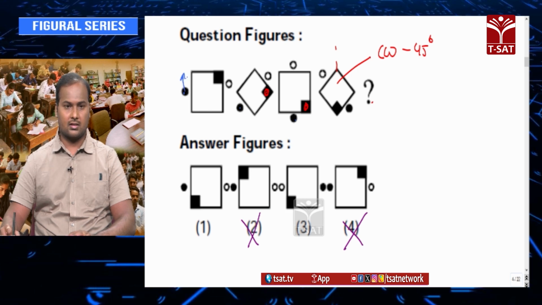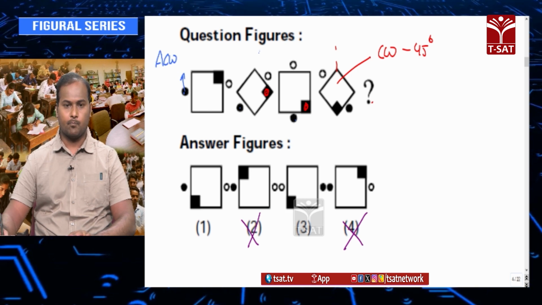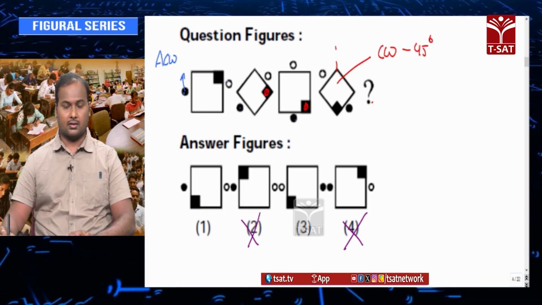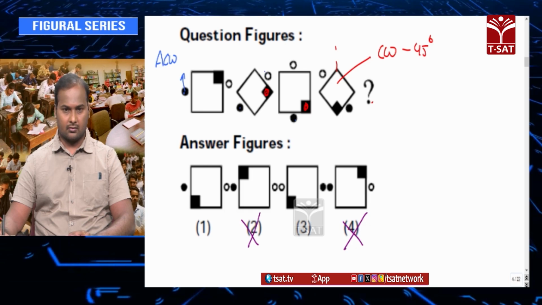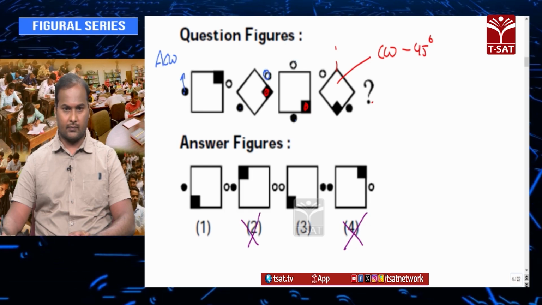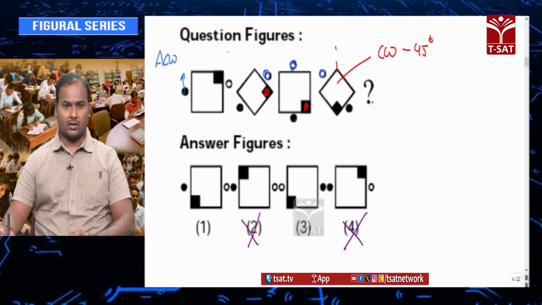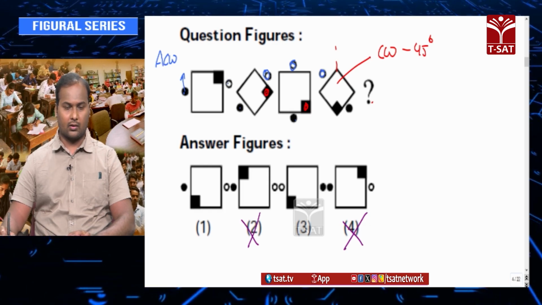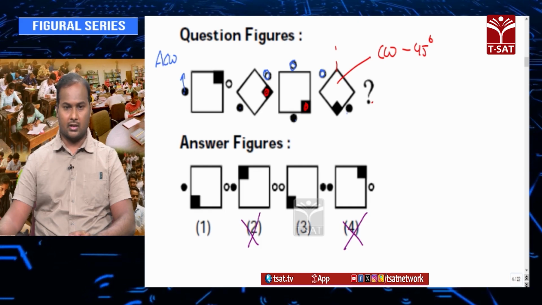What about the lighter figure? Initially it is here, and again it came to this point, again on the top, again on the other side. It is also moving in the anti-clockwise direction. So all are moving anti-clockwise.